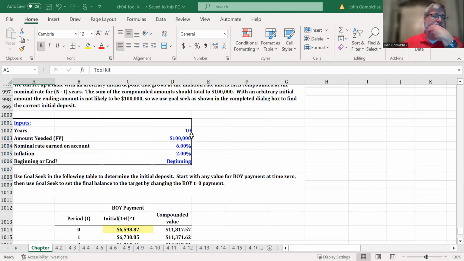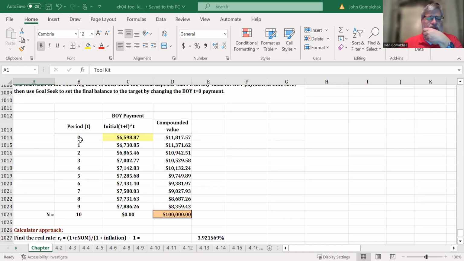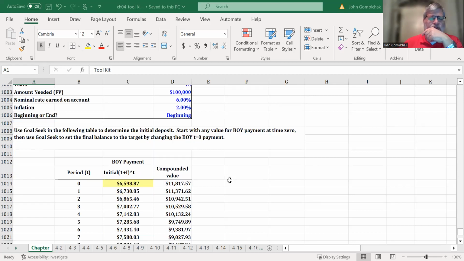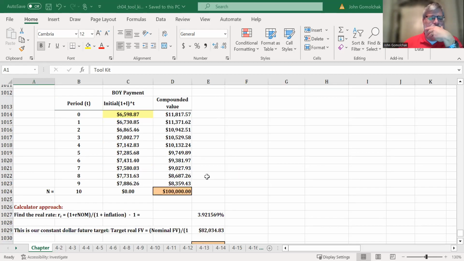All right, so this is the problem. We have 10 years. We want to gather together $100,000. We have 6% discount rate. We have 2% of inflation, and we're going to do everything at the beginning of the period. So here's our chart, period 0 through 10. Payments, compound value. We still need to calculate out this payment.